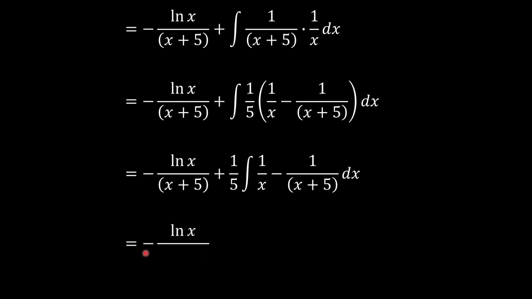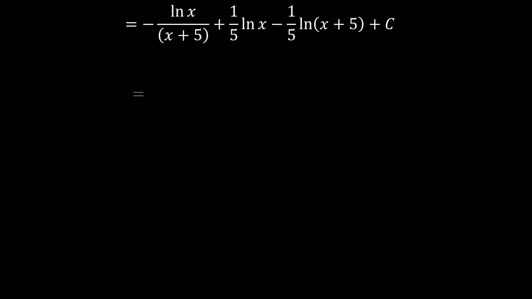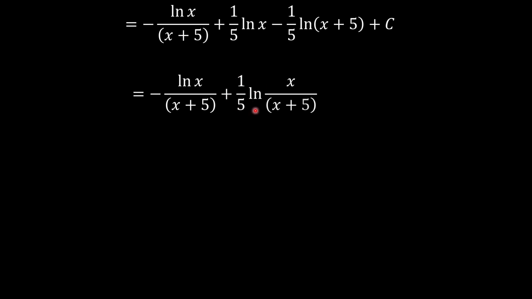So we get negative natural logarithm of x over x plus 5 plus a fifth, the integral of 1 over x is the natural logarithm of x, minus a fifth, the integral of 1 over x plus 5 is the natural logarithm of x plus 5. Using the rules of logarithm, the natural logarithm of x and the natural logarithm of x plus 5 becomes a fifth, obviously considering the constant, of the natural logarithm of x over x plus 5. And that is our answer.